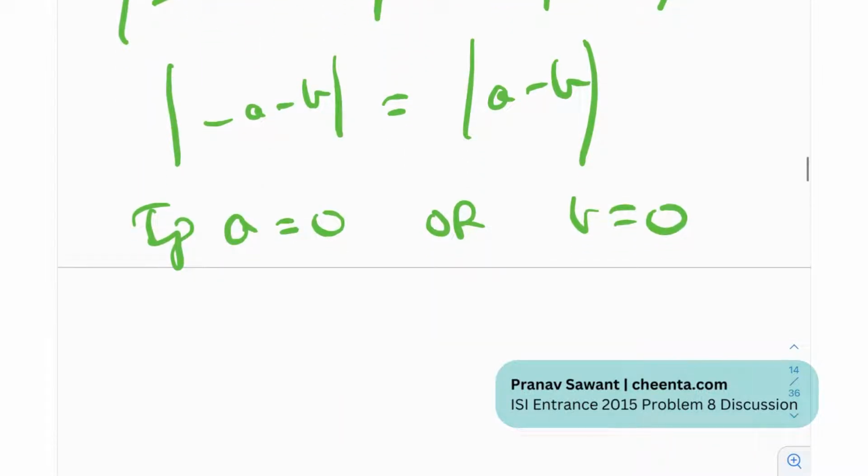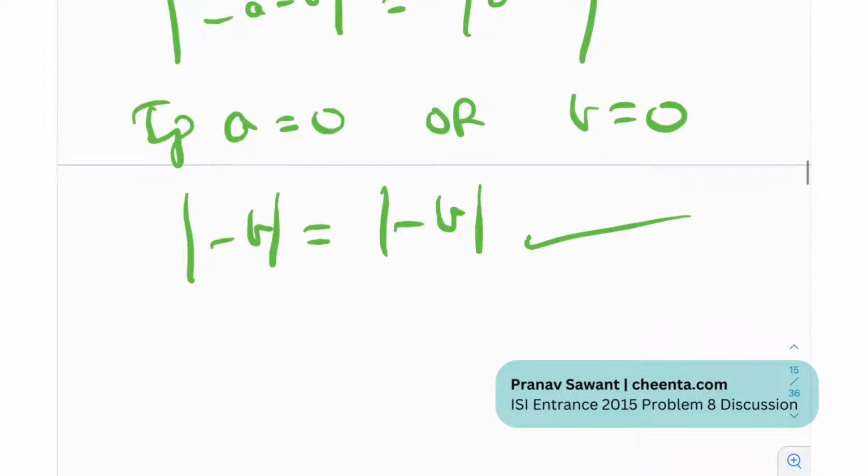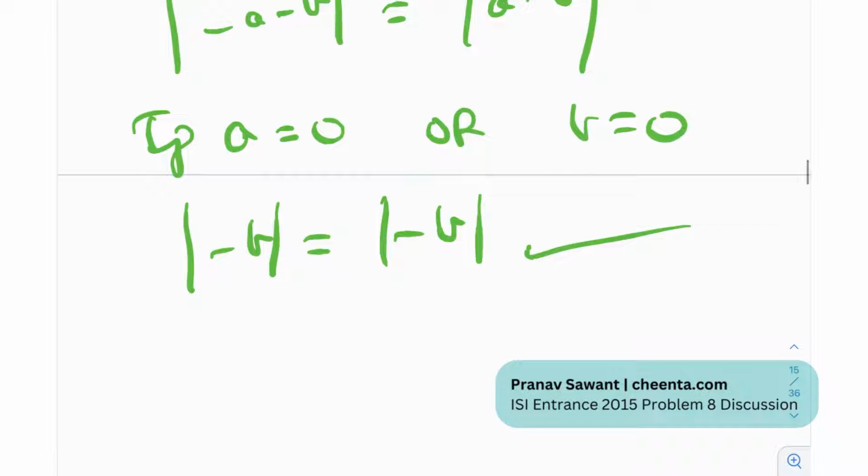Because you see, when a is equal to 0, I'll get mod of negative b is equal to this thing. That's absolutely true, right? Because both the sign will be same when you open it. And otherwise, if b is 0, then I'll get mod of negative a is equal to mod of a. Which is again true. Both will again open in positive, so it won't make any difference.